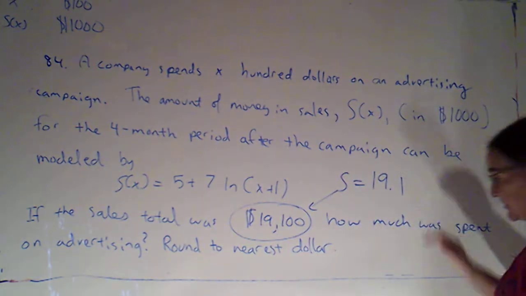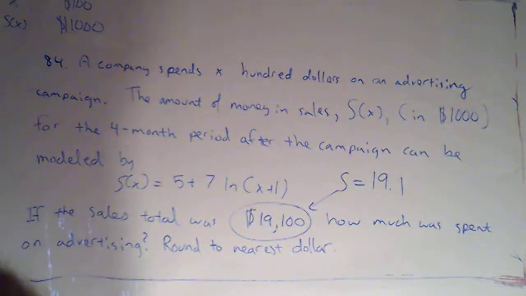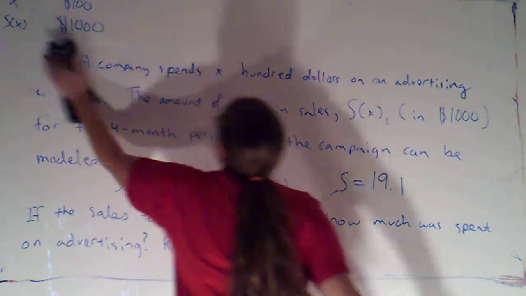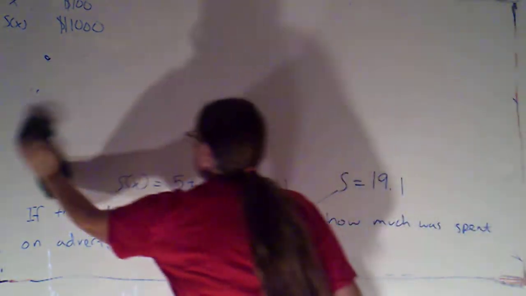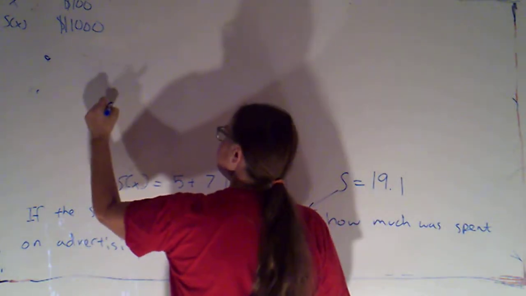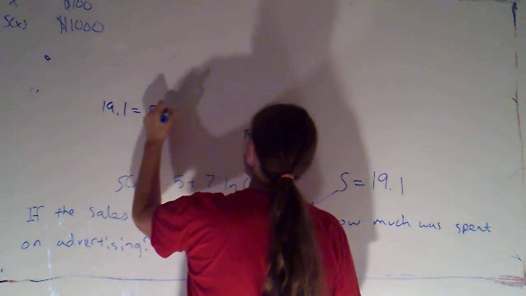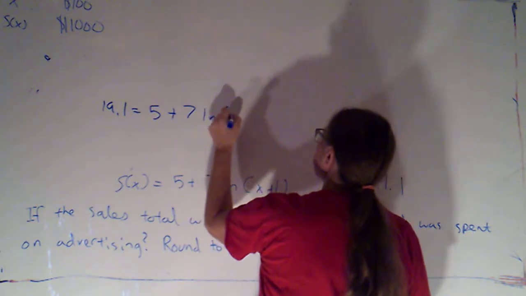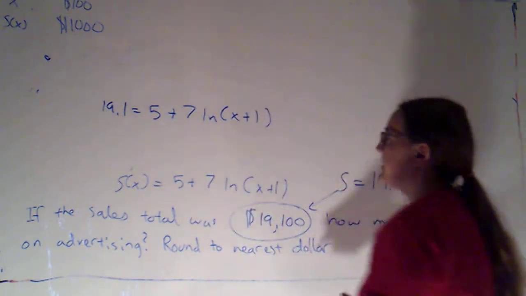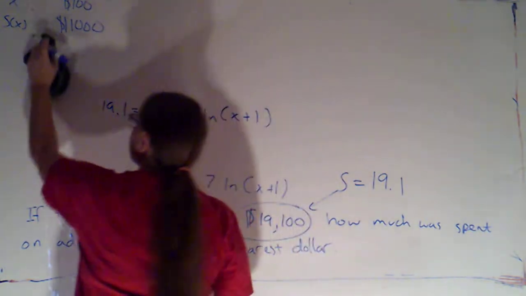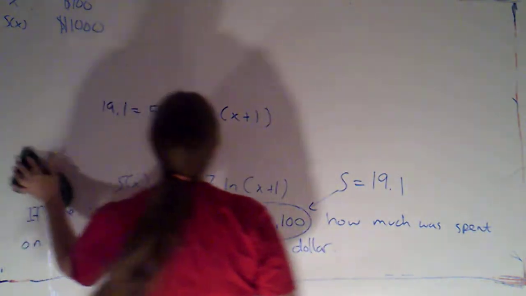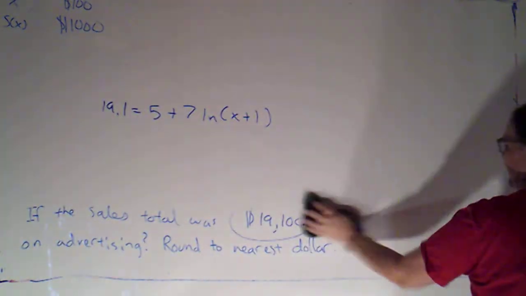All right, so the equation that we are solving then is 19.1 equals 5 plus 7 natural log of X plus 1. So now I've dealt with the units for S. I'm going to have to remember once I solve for X that that's telling me how many $100 I have.